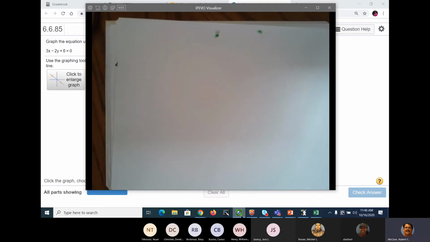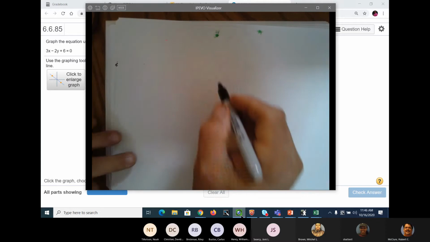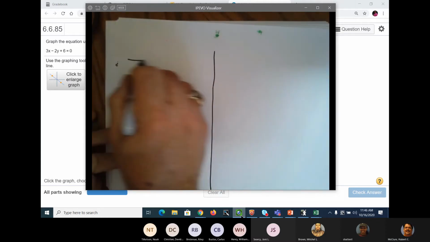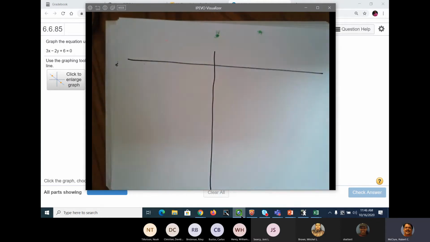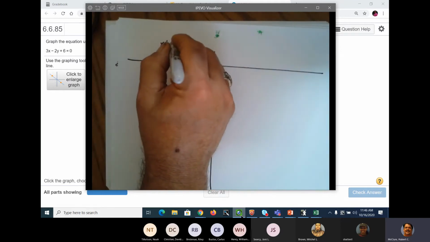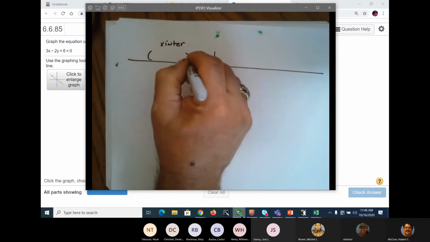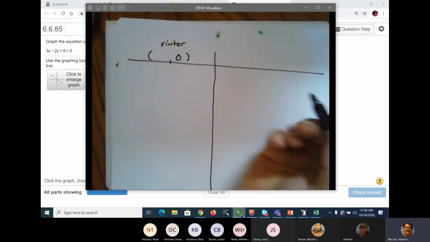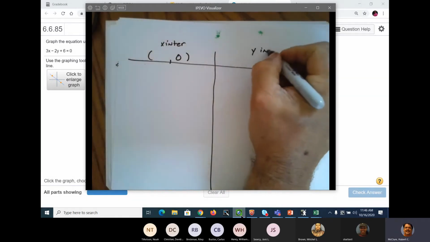So I'm going to draw a BA table. And on this side, I'm going to put my x-intercept. And on this side, I'm going to put my y-intercept.